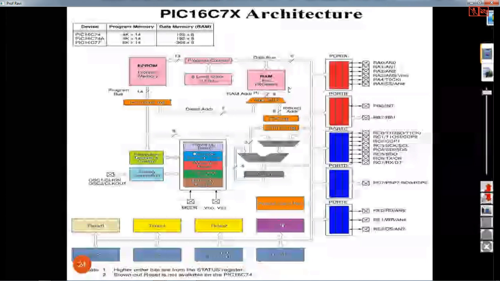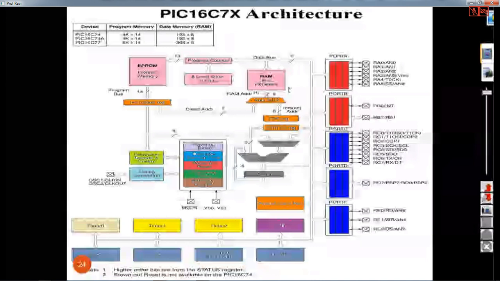Then you have the ALU and the status register nearby, and general purpose registers. These are RAM files, which we can also use as registers. In the 8051 only 16 bytes could be used as registers in RAM, out of 256, but here a larger number of registers are available.